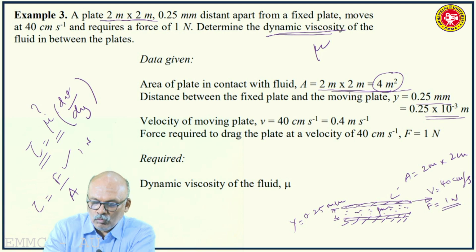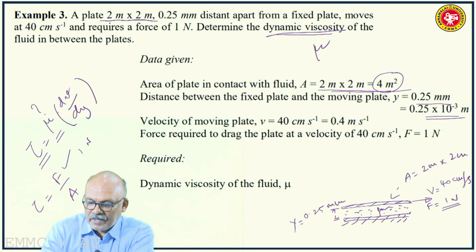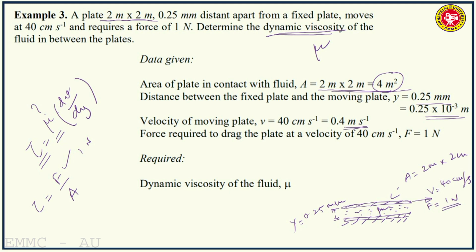The velocity of the moving plate is 40 centimeters per second; we express all in SI units, as centimeters is in the CGS system. So 100 centimeters make 1 meter, therefore 40 centimeters is 0.4 meter per second. And the force required to drag the plate at this velocity is given as 1 Newton.